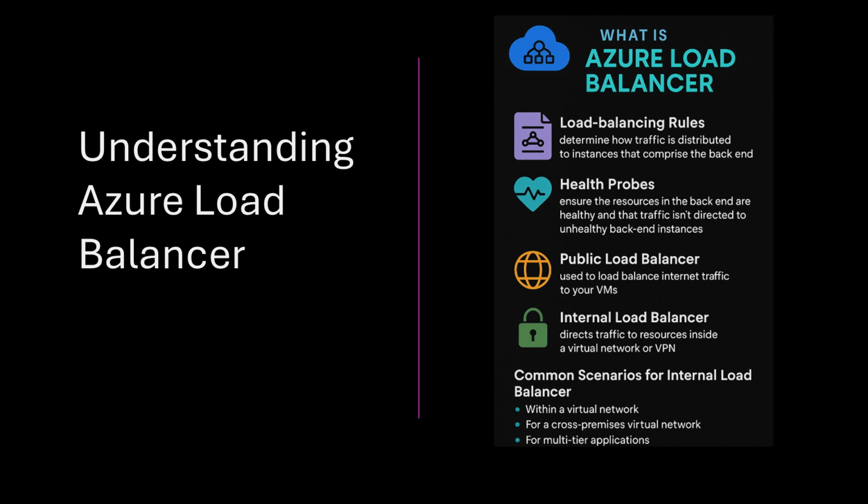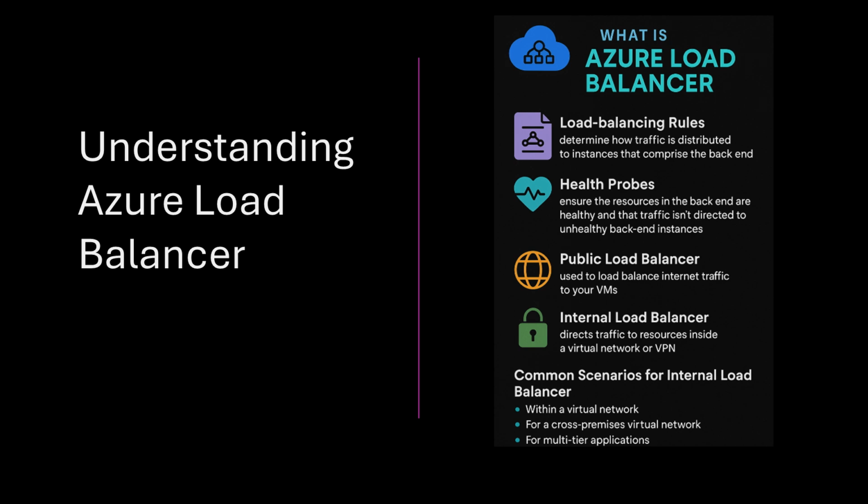You specify the front end, like IP plus port, and the backend pool, like VMs plus port. Health probes constantly check the status of your backend VMs. If one goes unhealthy, it's pulled out of the rotation, so it doesn't receive traffic.